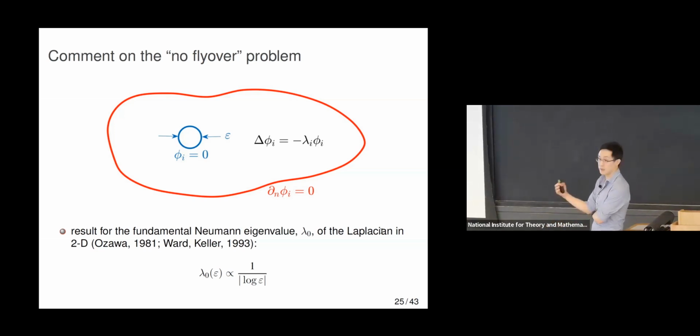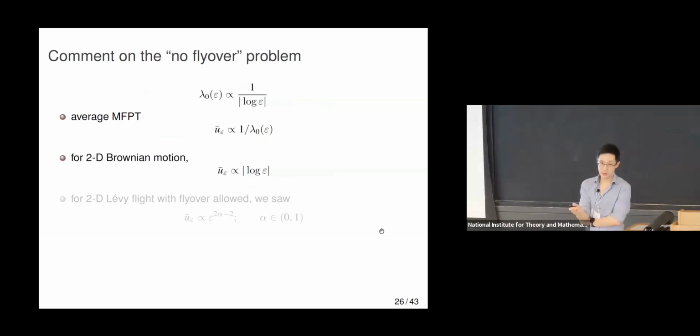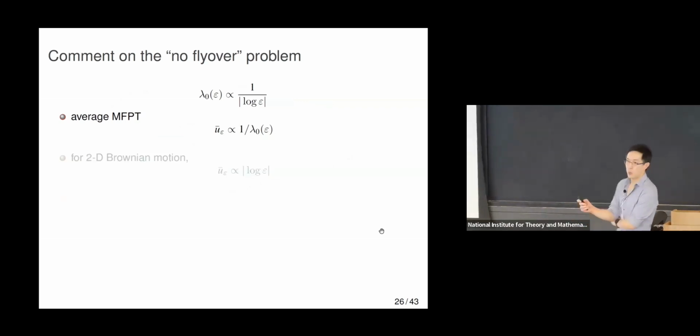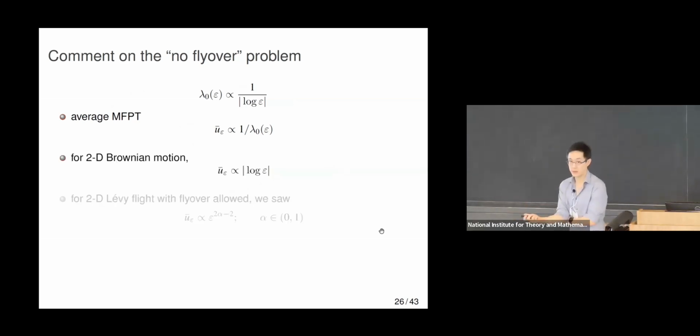You can see as epsilon goes to 0, lambda not, the fundamental eigenvalue, should go to 0. So that's fine. It's also known that the average first passage time is proportional to 1 over lambda naught, 1 over the fundamental eigenvalue. And so for 2D Brownian motion, of course, you get the log epsilon.